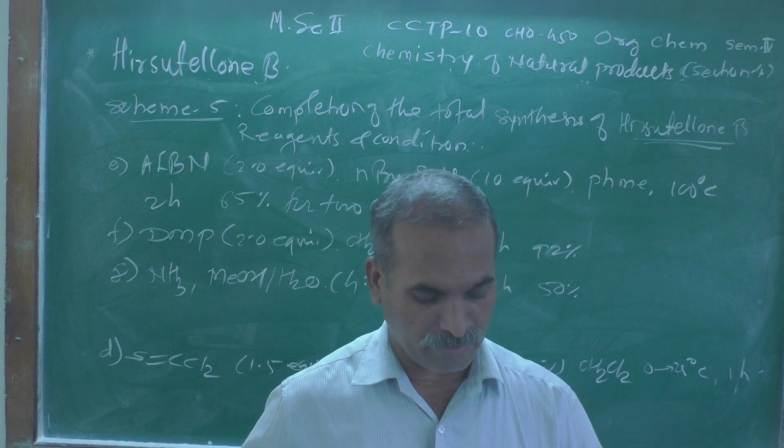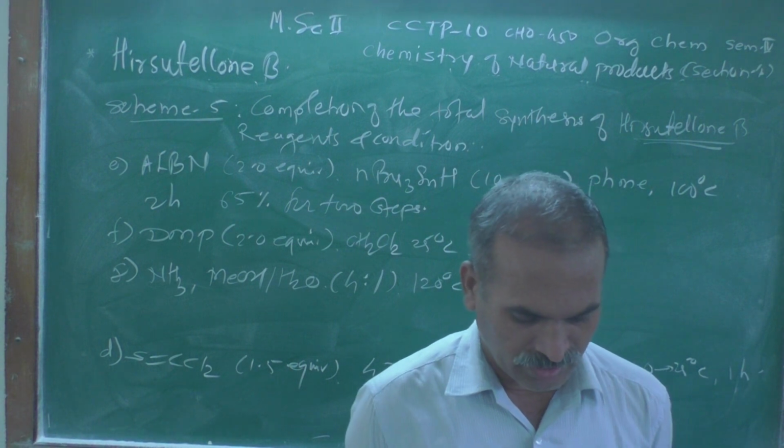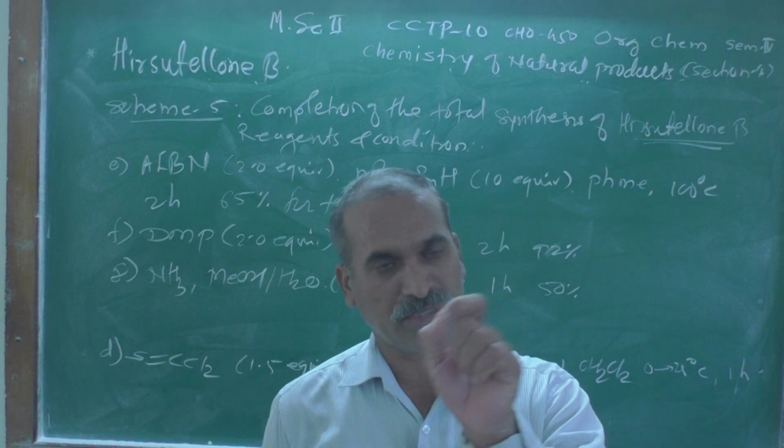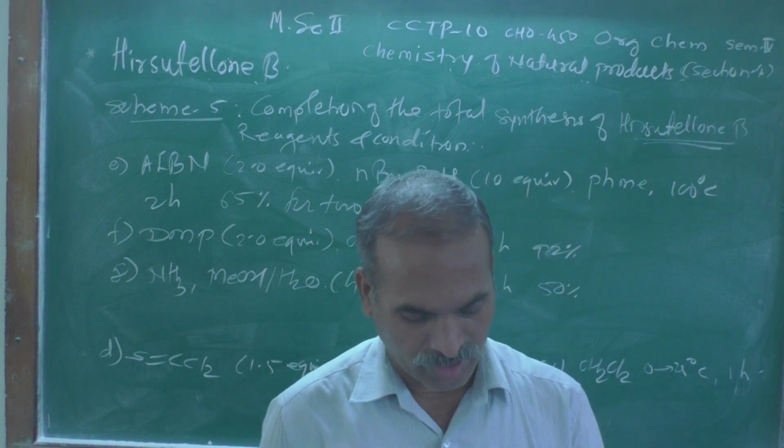And as we know, the Ramberg-Backlund reaction gives a carbon-carbon double bond at a specific part of the organic molecule.